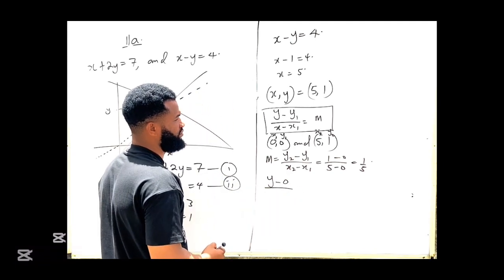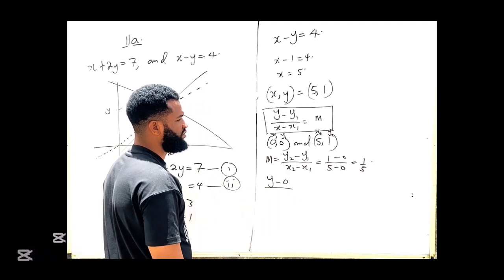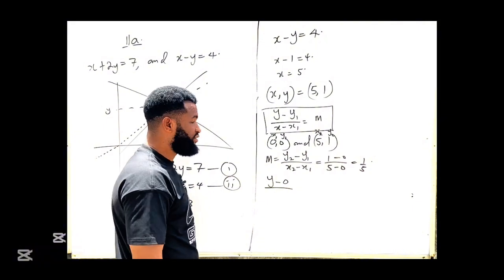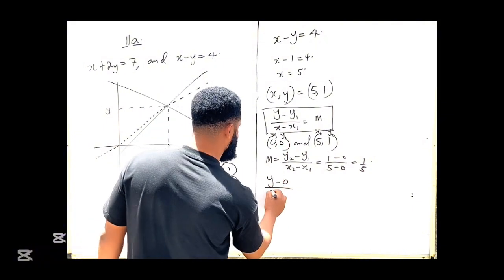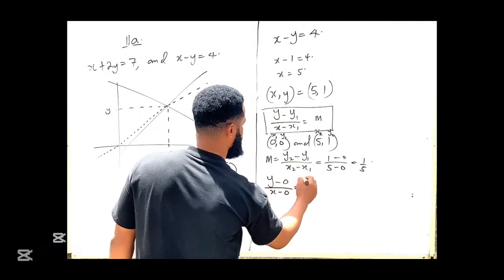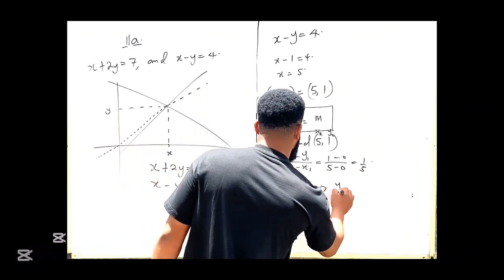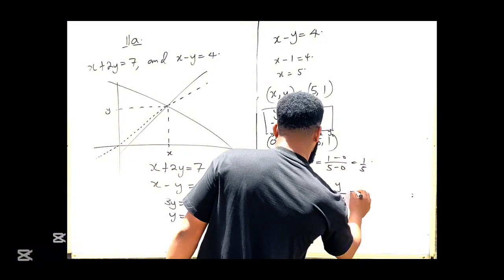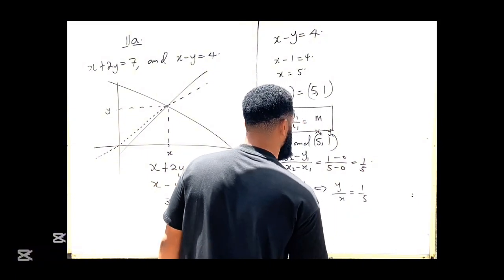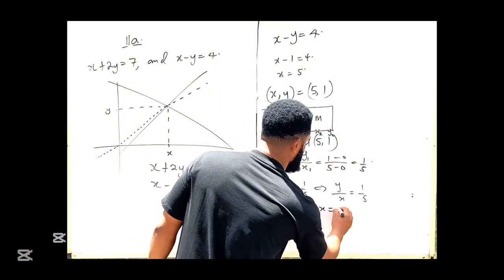So I have y minus y1, where y1 is 0, over x minus 0 is equal to 1 over 5. This implies that y over x is equal to 1 over 5. That simply means that x is equal to 5y.